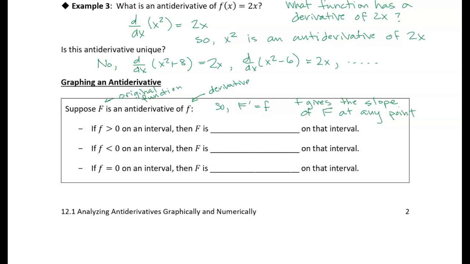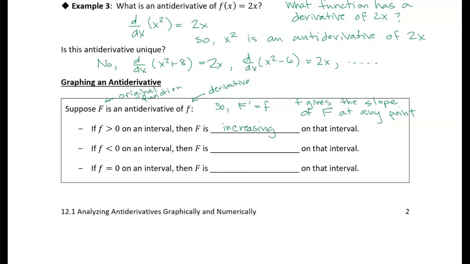So if lowercase f is greater than 0, then that means the slope of the original function is positive, which means that capital F, the original function, is increasing on that interval.